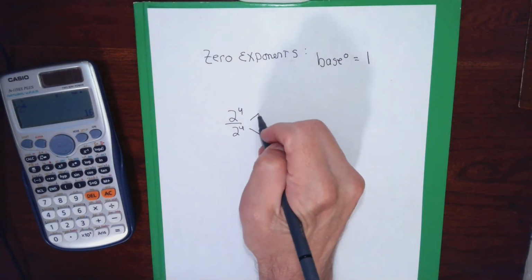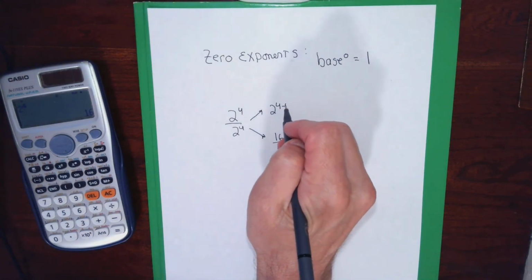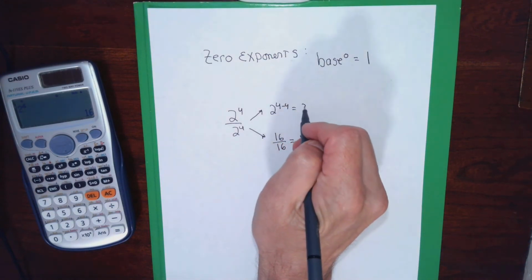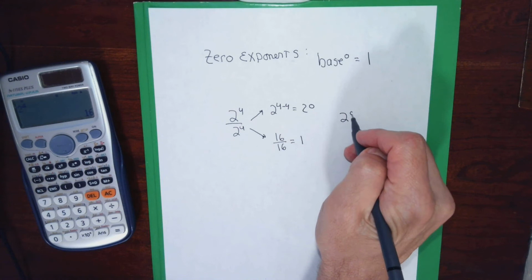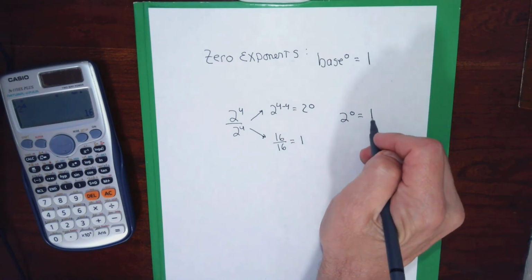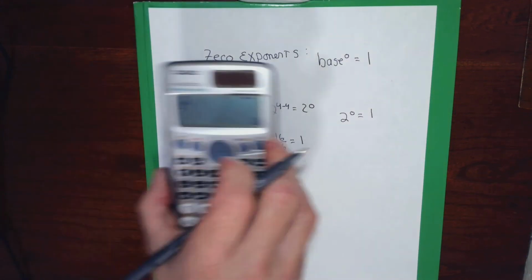If I use the rule for subtracting exponents, I'd get 2 to the 4 minus 4 power, which is 2 to the 0 power. If I solve a problem using two different methods, although my answers are allowed to look different, they have to equal each other. So 2 to the 0 must equal 1.